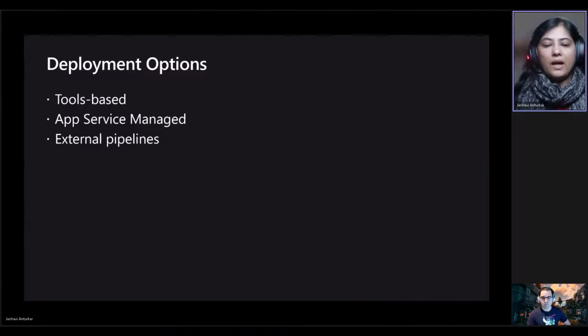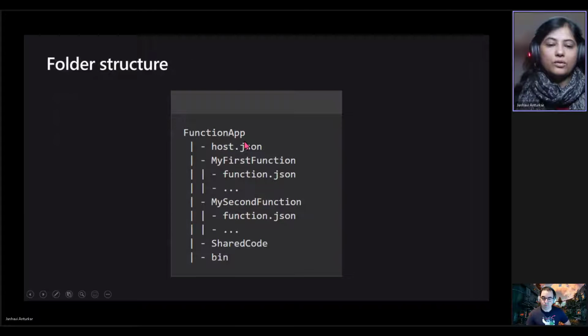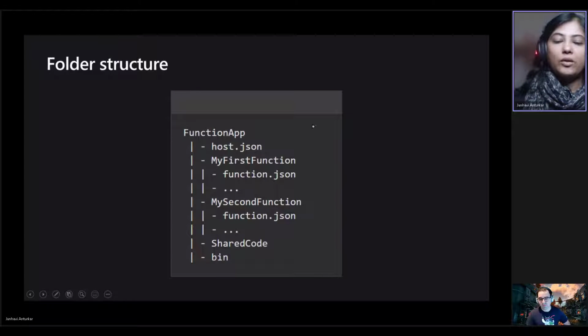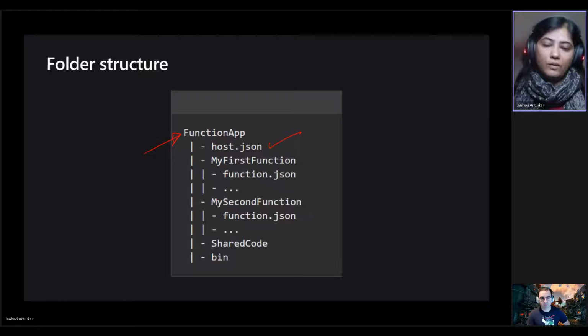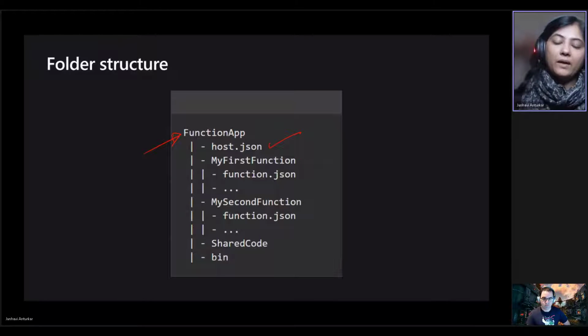Now, once you have deployed your source code, the folder structure of your application looks like this. At the top level, you have the function app, which is your host. This is where your host.json is going to be, with all the configuration of your Azure function app. Then you have different functions.